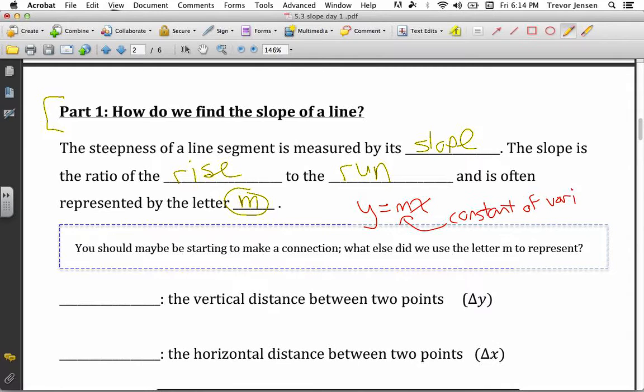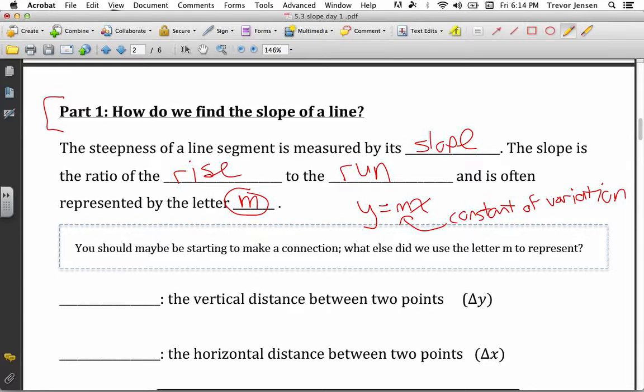Hopefully you can start making this connection: the constant of variation is the slope of the line when we graph it. We'll keep making this connection over the next couple of lessons.